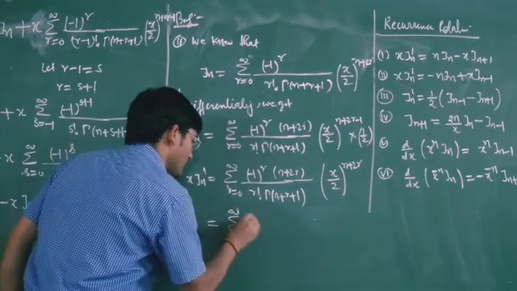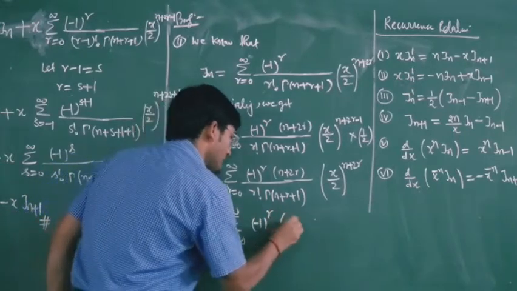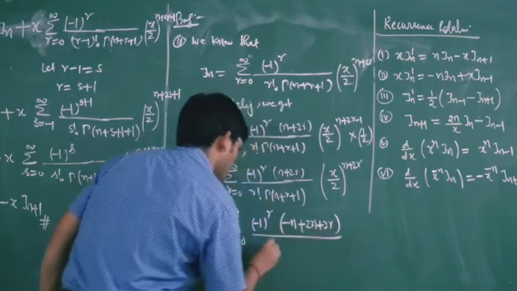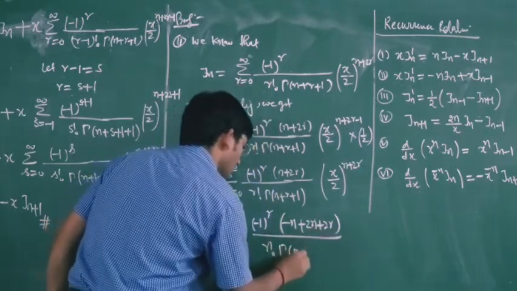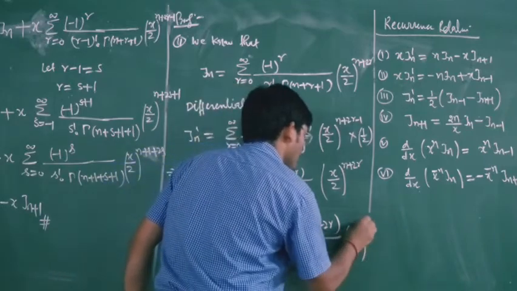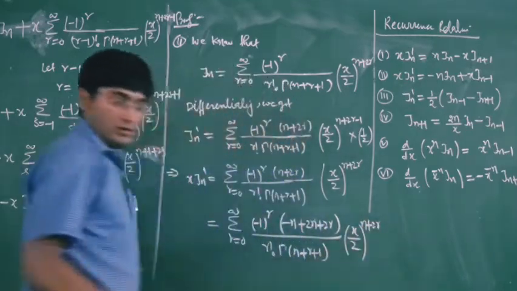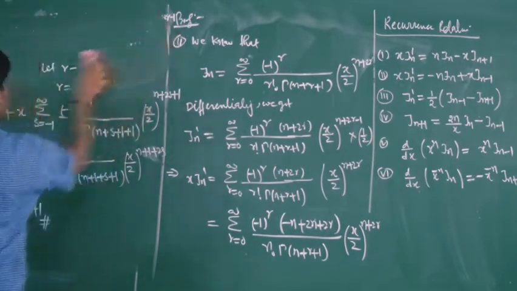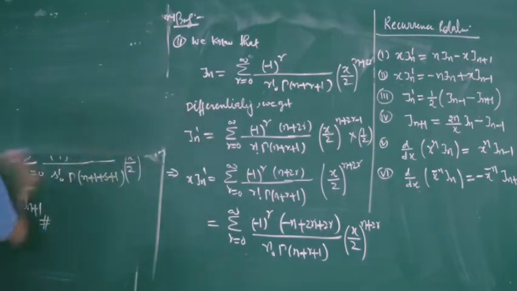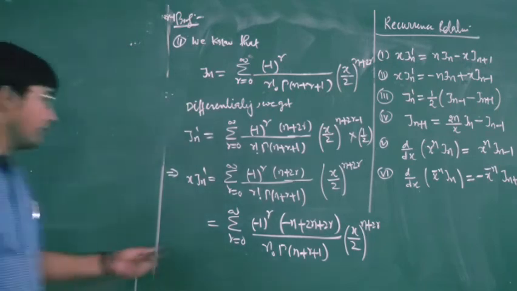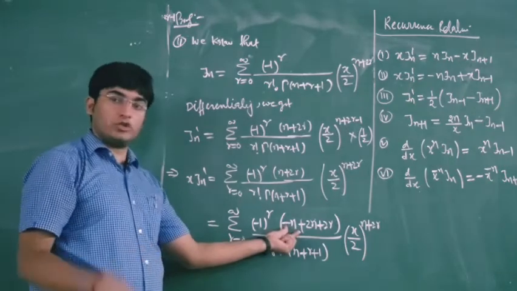this n plus 2r as minus n plus 2n plus 2r, and here we will have factorial n into gamma n plus r plus 1, then we will have x upon 2 power n plus 2r. Now again break this summation in two parts.